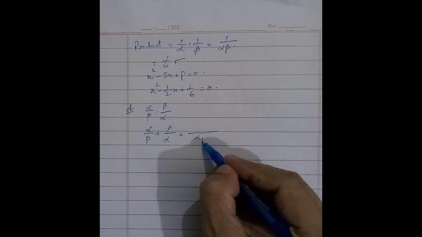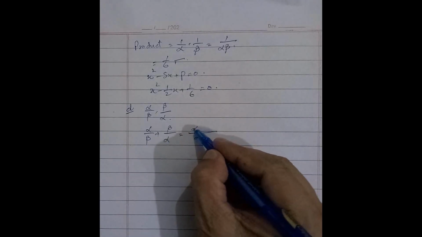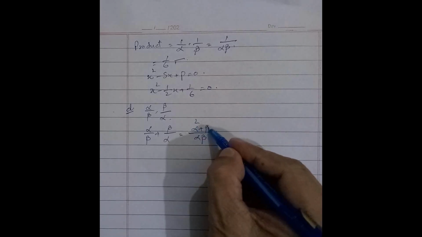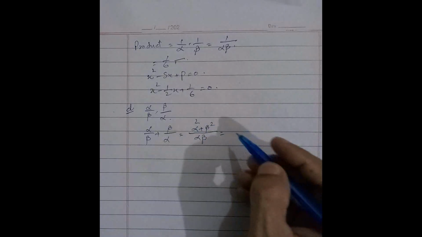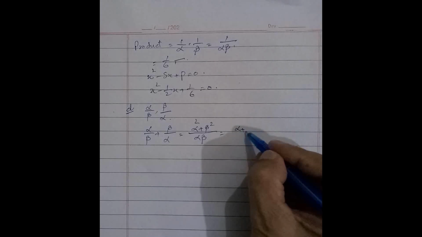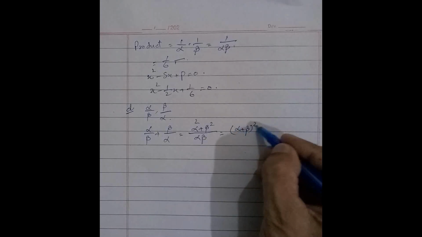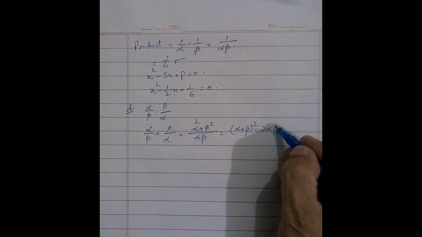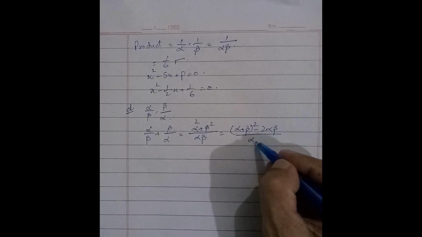Take LCM alpha beta and we get alpha square plus beta square. When we further simplify it, alpha plus beta whole square minus 2 alpha beta over alpha beta.